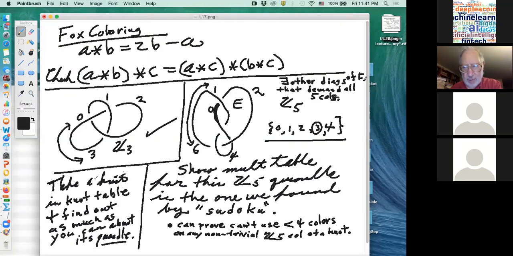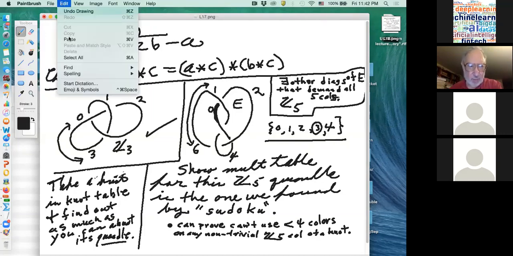You start with some knot which isn't using all the colors that are available. It's not at all hard to show that you can make other diagrams that will demand all of them. I leave it to you to think about that, because that's a nice little question, but you'll be able to do that. This one also, you can't use less than 4 colors. And then you see that we have an invariant. So I'll stop here after doing this one last bit.